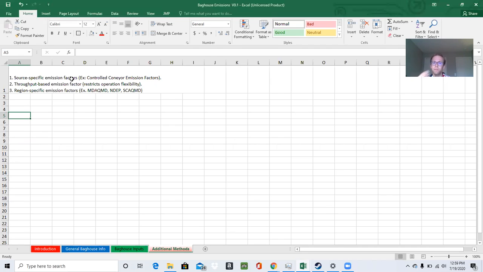You can also use a throughput-based emission factor. That, again, as we mentioned, restricts your operational flexibility. And the source-specific one, if we'll be honest, that's going to be painstaking, as you'll have to find the specific emission factor for all your conveyors, any loading drums, etc., your different bins of material that you need to account for. You can also use region-specific emission factors as required.